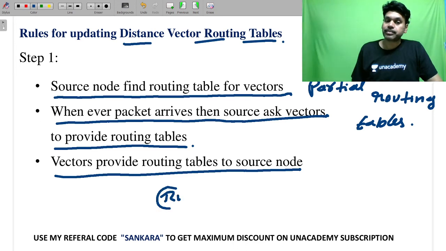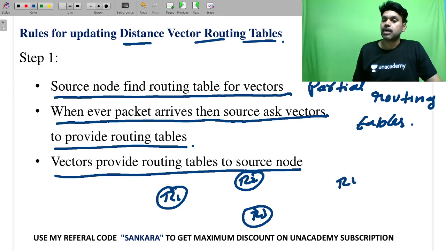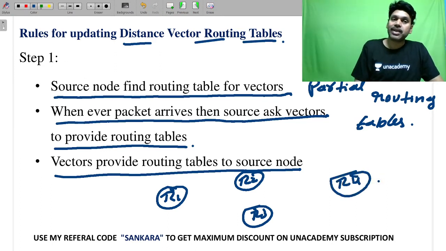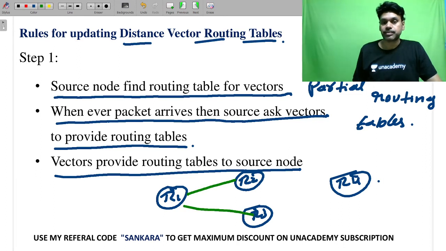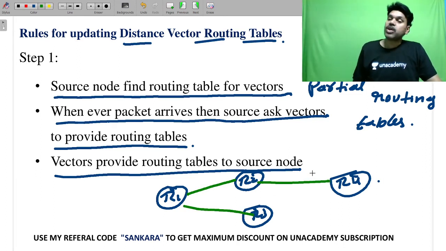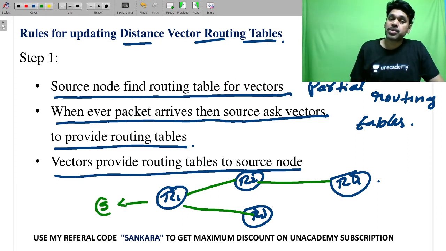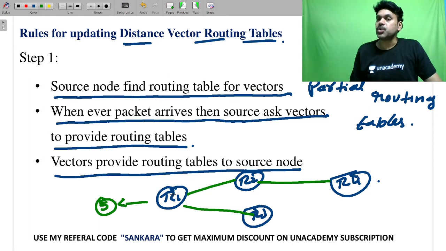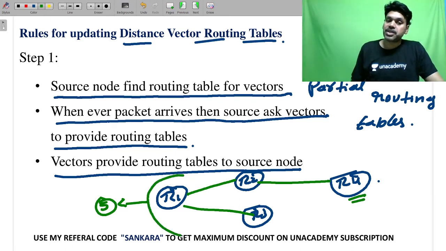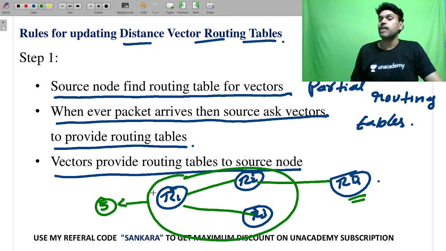Please understand. R1, R2, R3, R4. If I give a direction like this, what is the meaning of that? R1, if I am saying that I am the source and the sender sends the data to R1, R1 is going to give you the routing path. How? R1 knows that R2 and R3 are my neighbors only, my vectors, but R1 does not know about R4. That's why your routing table is initially only partially completed with your neighbors only.